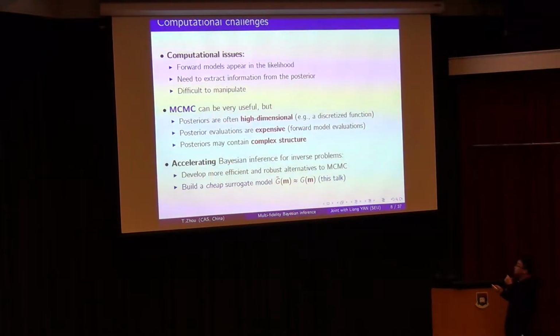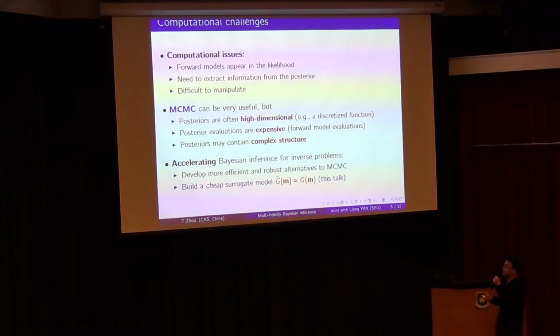This kind of approach can be very useful, but there are still many challenges, and these are the main challenges. To speed it up, you can consider two things. The first one is to develop new efficient alternatives to MCMC.